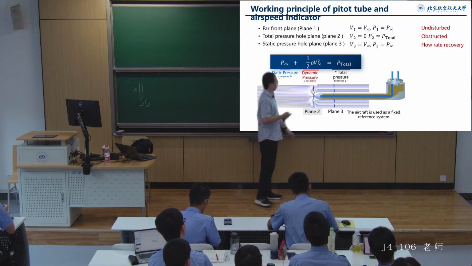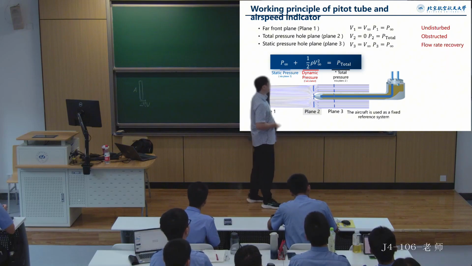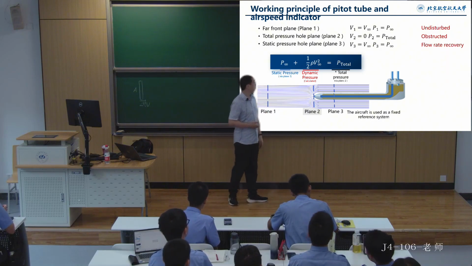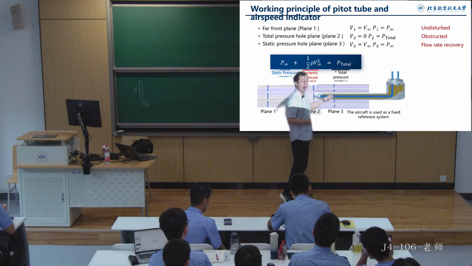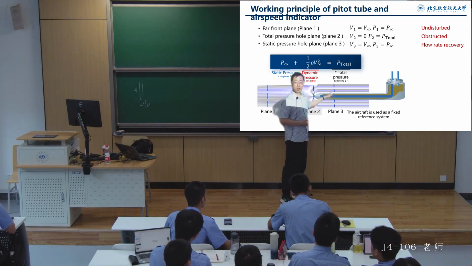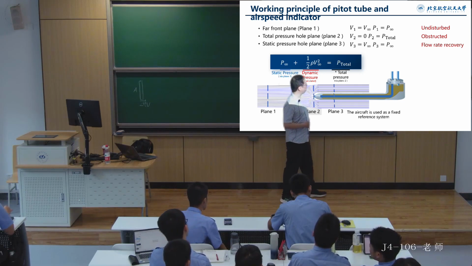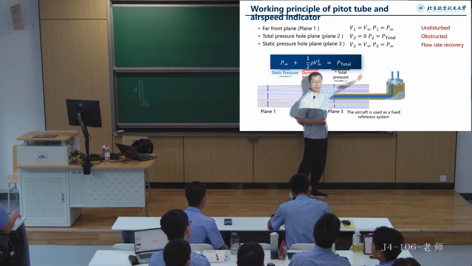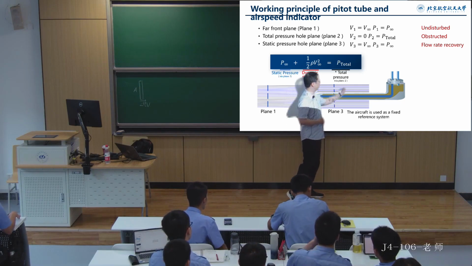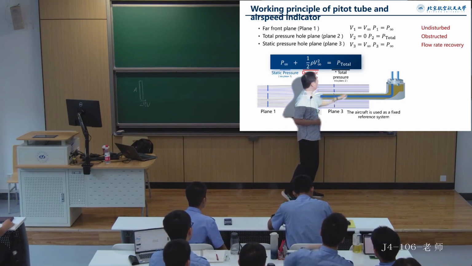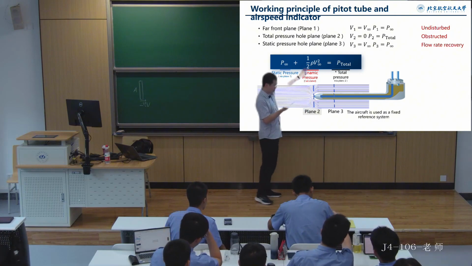At this point, we can use the kinetic energy theorem we mentioned earlier. Here we say, at this point, which pressure is it? Total pressure. Total pressure, right? Yes, that's it here. And then, what pressure is at this position? It's static pressure, right?